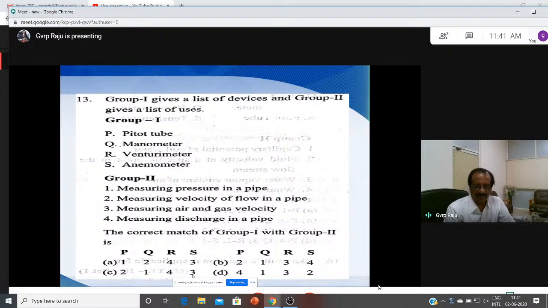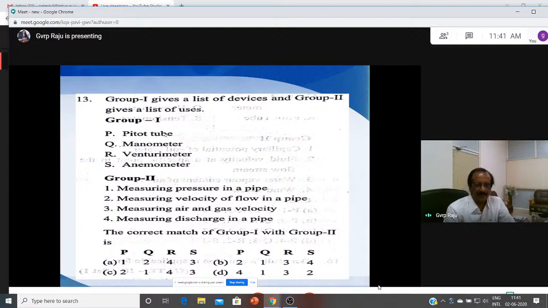So that means either B or C. And R, venturimeter. The venturimeter measures discharge, so R should be 4. Here R is 3 and this should be 4. So that means the answer is C. And S is anemometer. Anemometer measures air and gas velocity, so answer C is correct.